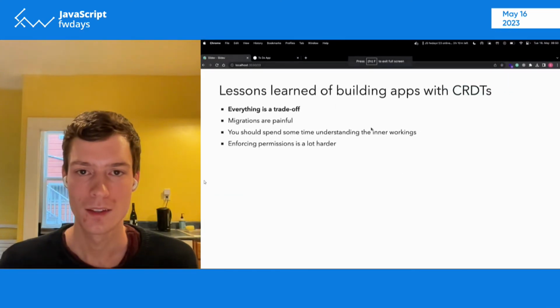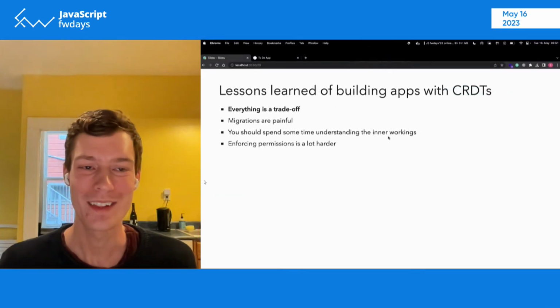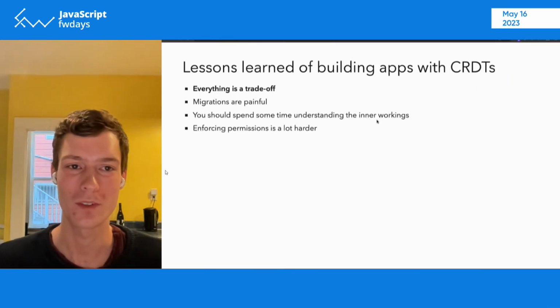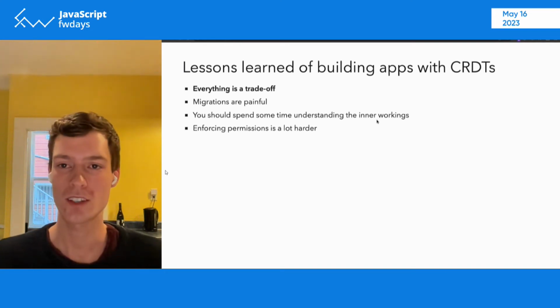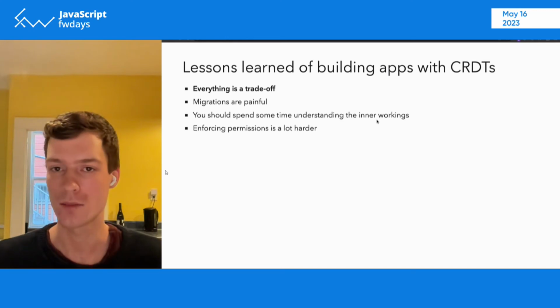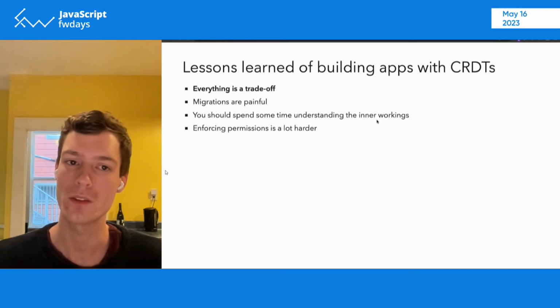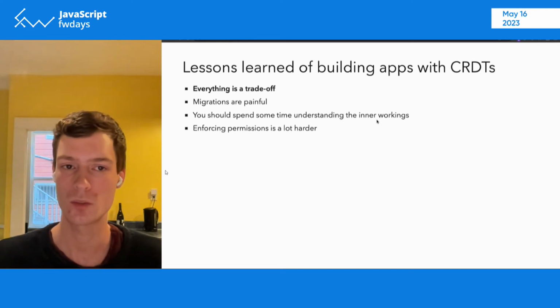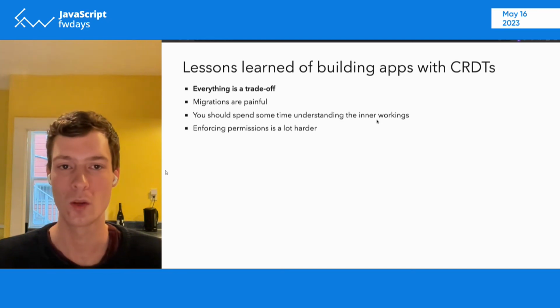Okay, that's it. Lessons learned from building apps with CRDTs. Everything is a trade-off. One thing I didn't touch in this presentation is that, while CRDTs are awesome, there's one big pain point with them, which is migrations and schema changes, because that's something you have to really, really think about.